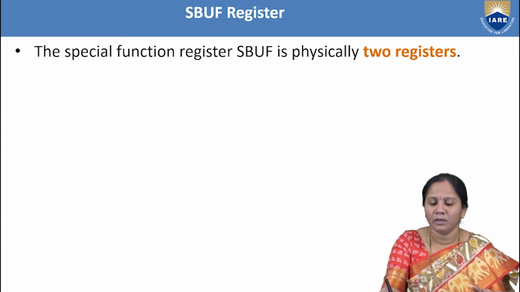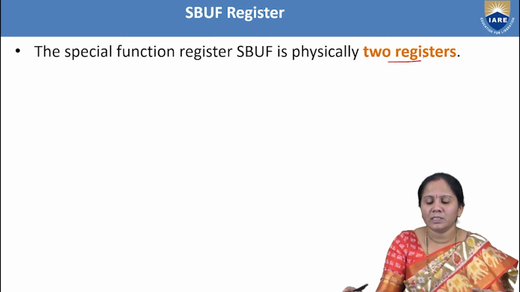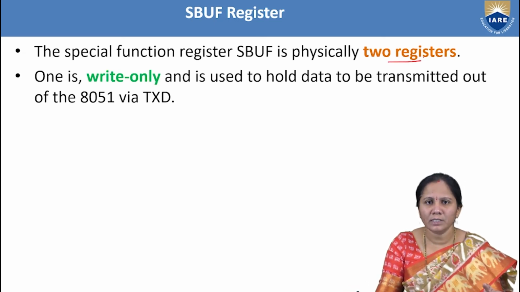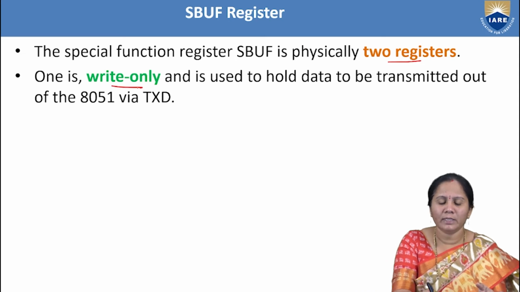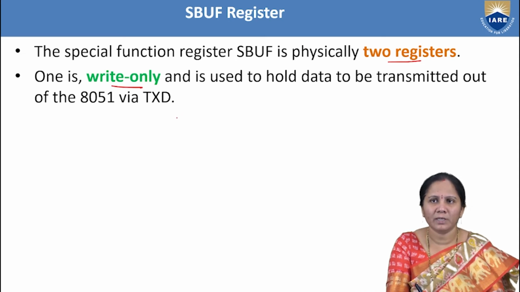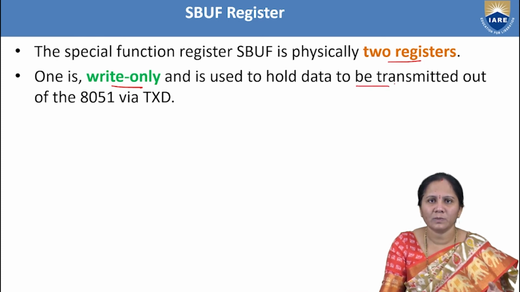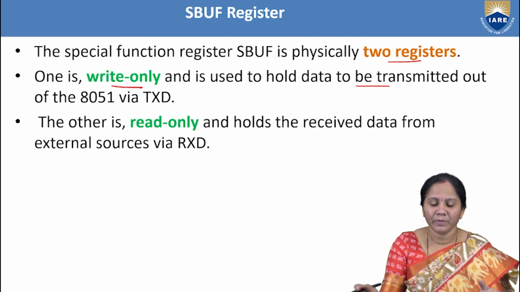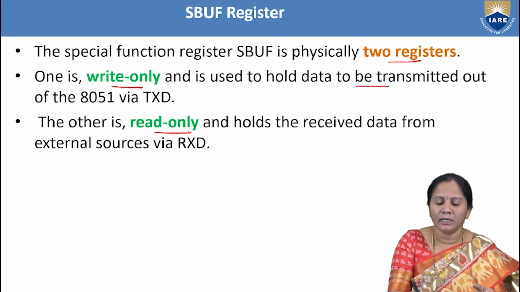So the SBUF register is physically two registers. One is used to write data. Writing means transmitting, so it holds the data on the transmitting side of the 8051 using the TxD pin. The other register is read only.